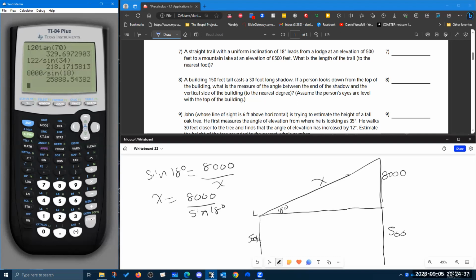And we get that the trail, to the nearest foot, is about 25,889 feet long.